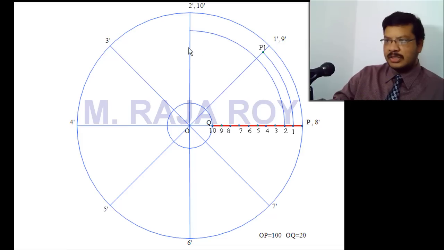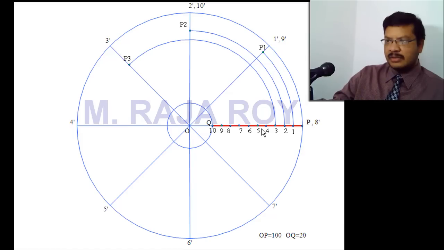Draw an arc up to the O2 dash line. This point is now P2. Next, O as center, O3 as radius. Draw an arc until it intersects with the O3 dash line. This point is P3.